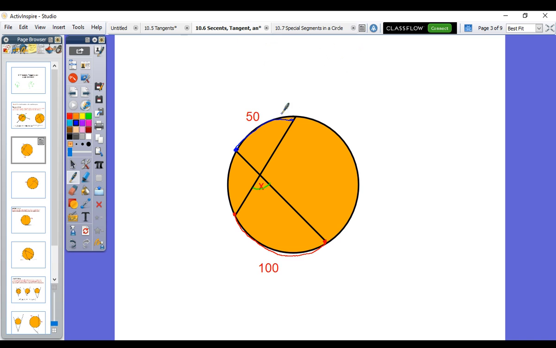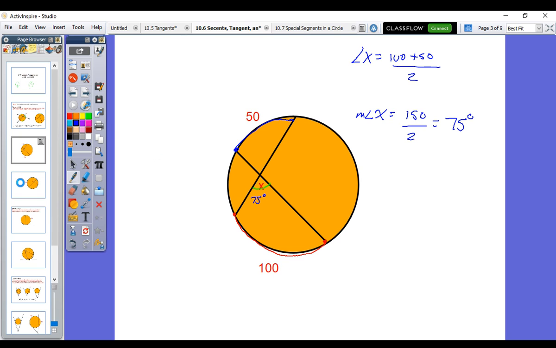So we're going to do angle x equals major arc 100 plus minor arc 50, divided by 2. Well, 100 plus 50 is 150. So the measurement of angle x equals 150 divided by 2, which gives us 75 degrees. It's 75 degrees right there.